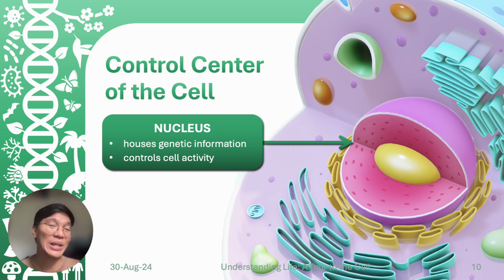So that's why the nucleus is considered the control center of the cell. In a society, I think that would be the Malacanang Palace. The president will have to decide what laws to enact and what laws to implement in a society. So that could be similar to the role of the nucleus. Okay?